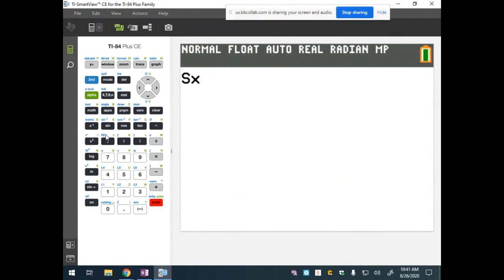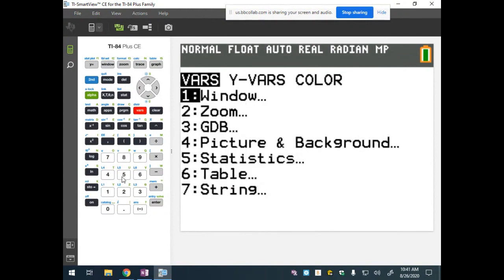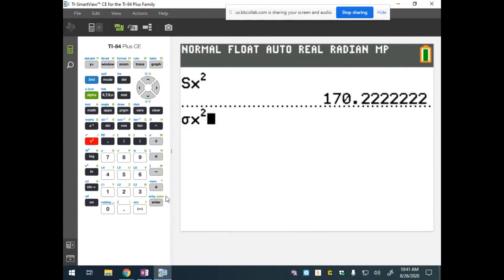How would we go in the other direction? If I have the sample standard deviation, I can square that and get my variance. It's under VARs and statistics. So if I wanted to find the population variance, there it is. Pretty cool.